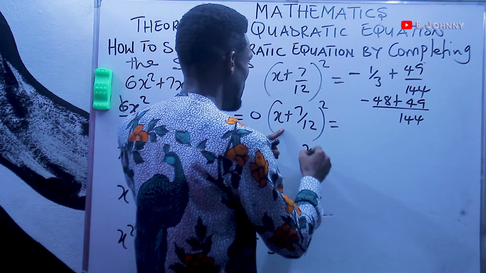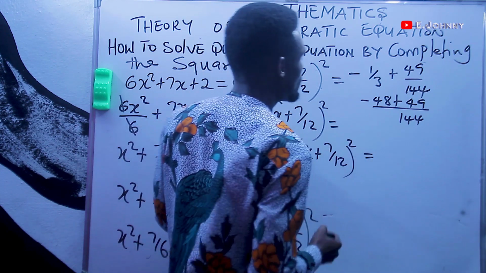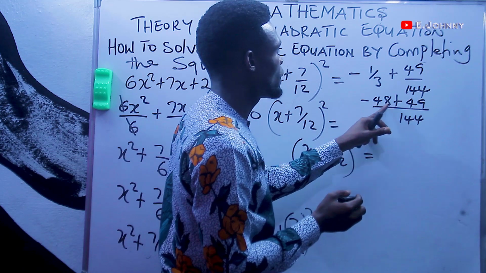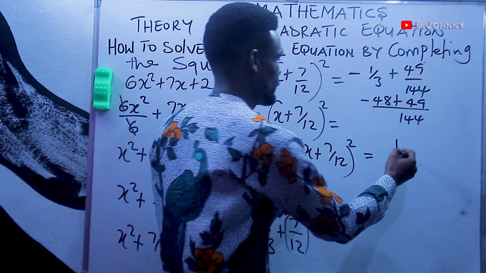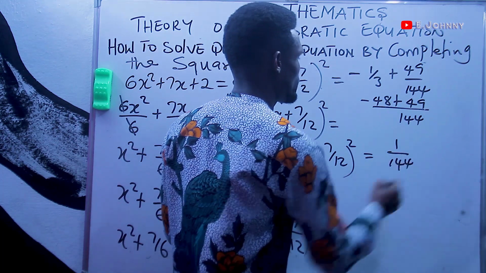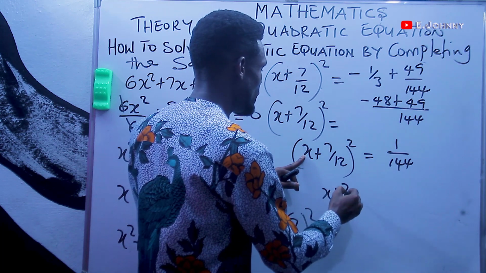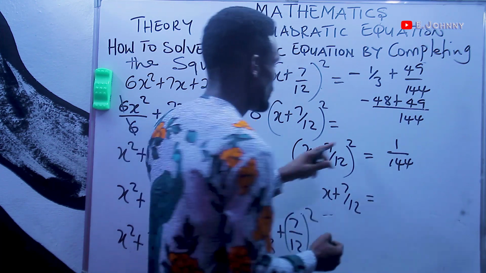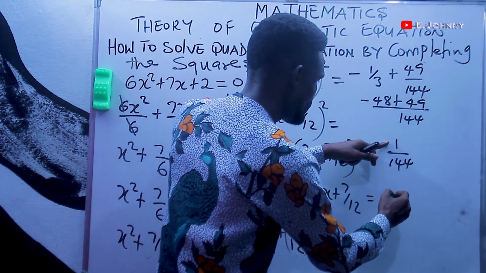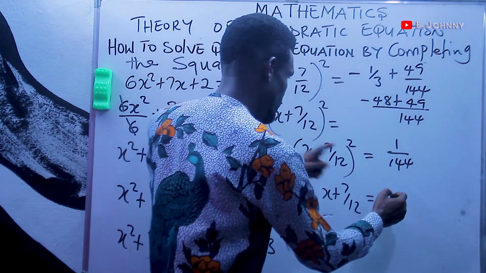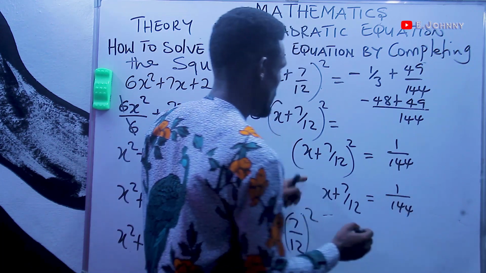So this is x plus 7 over 12 squared equals minus 48 plus 49 will give you 1 divided by 144. So x plus 7 over 12 equals, remember the square will move to become, now we have 1 divided by 144.